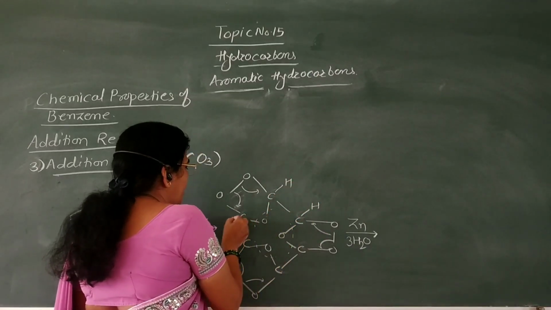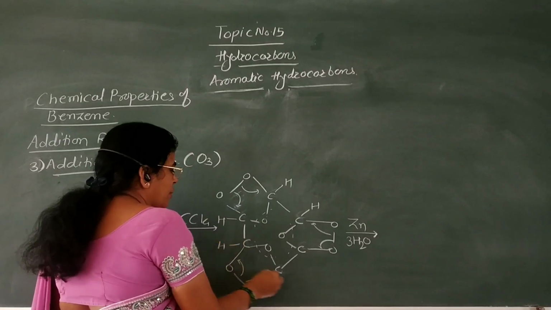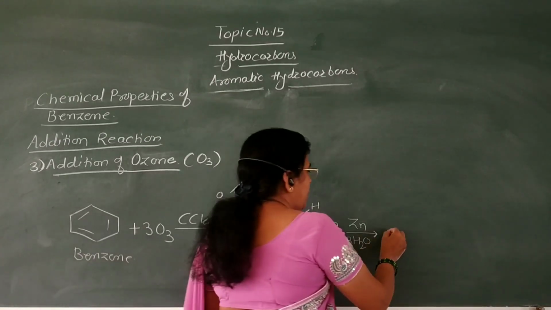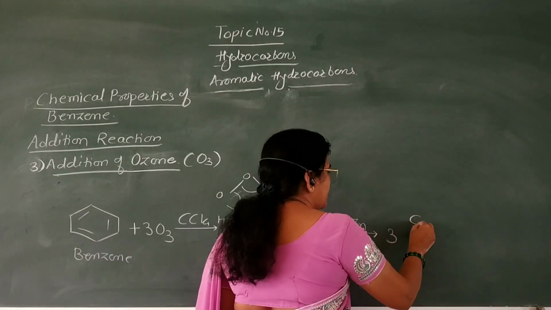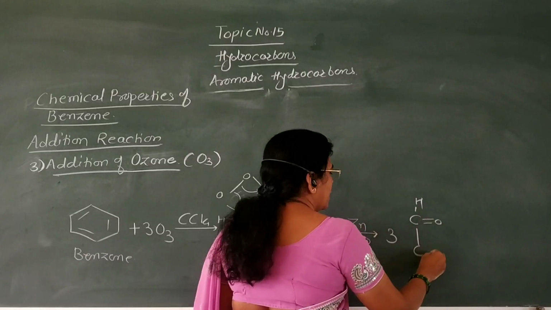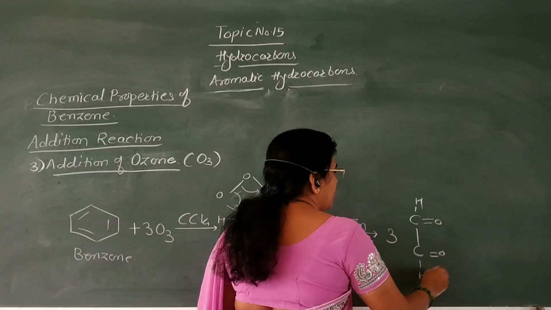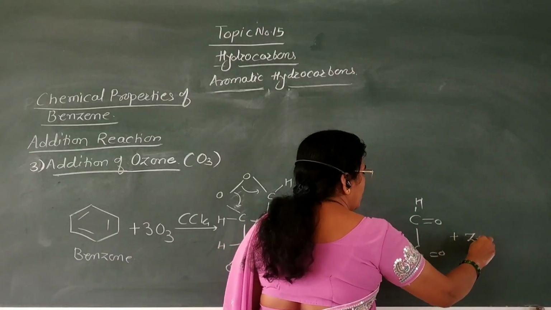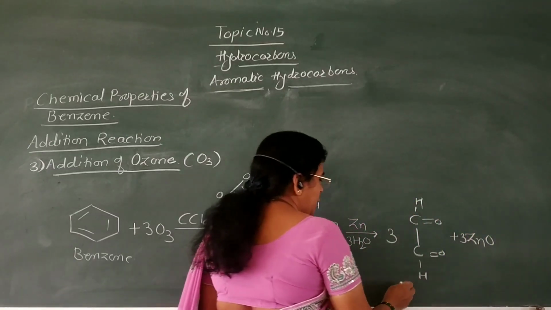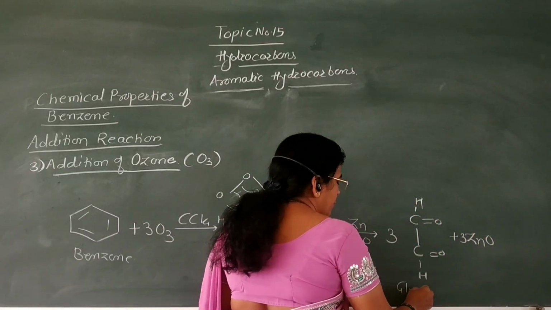Now here there are hydrogen atoms. Formation of 3 molecules of glyoxal like this, plus ZnO. 3 molecules of ZnO are formed.